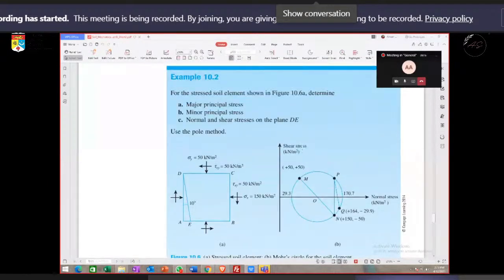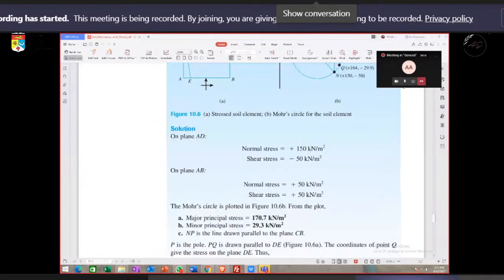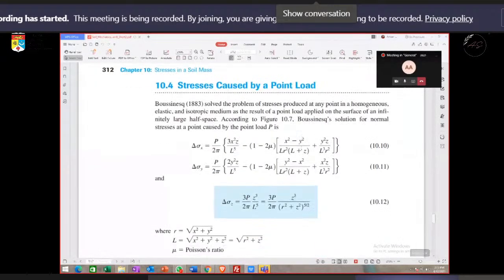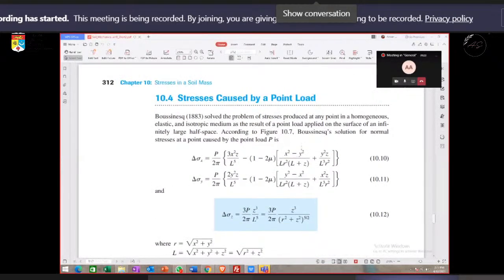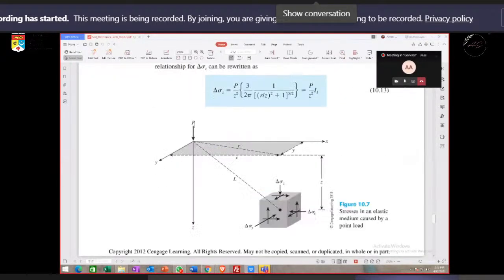And then we look at the point load. Point load is like a column. It could be a column, or it could be a pole. It's just a single point where the cross-sectional area is so small that we can assume it is just a point.